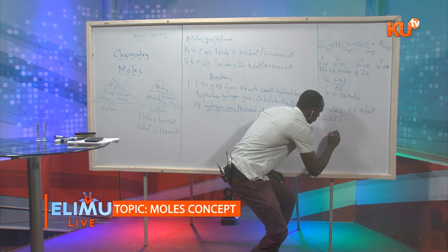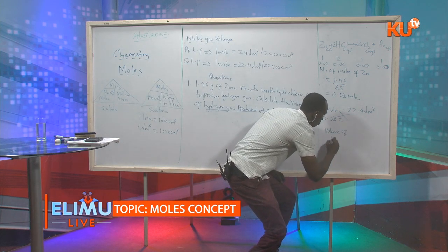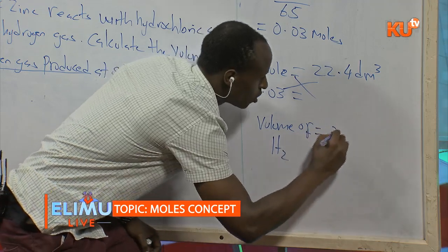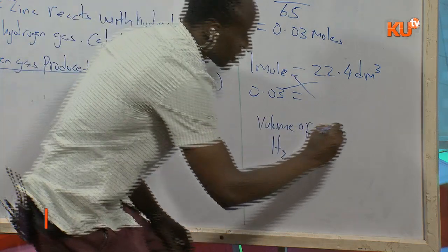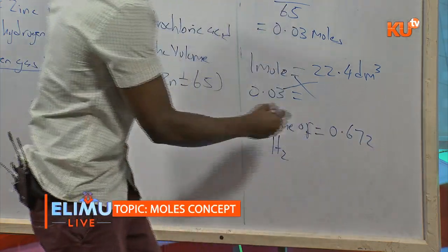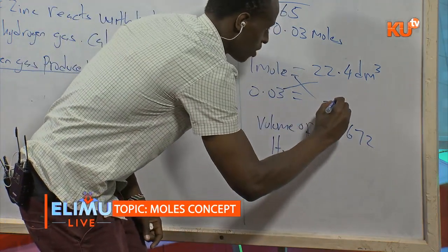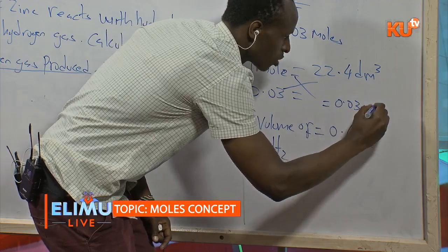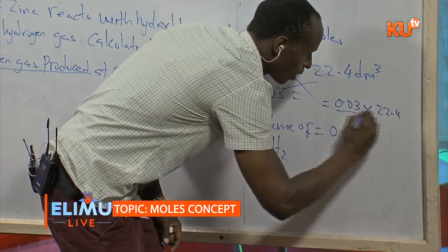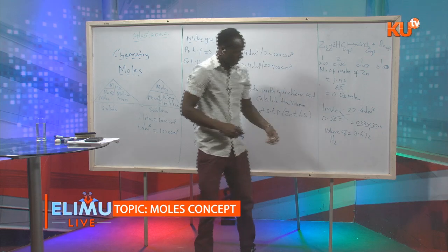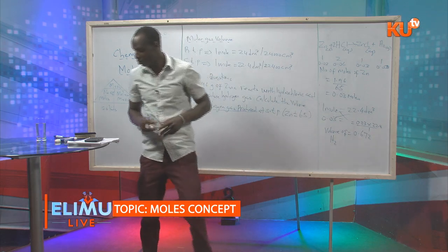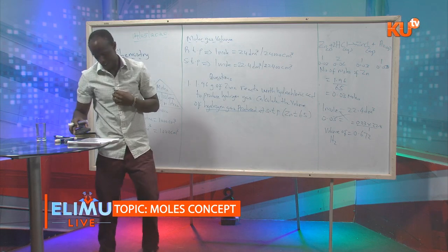So the volume of H2 equals 0.672. Where did it come from? It came from 0.03 times 22.4 over 1. We did cross multiplication to get it. I hope you have understood how to calculate the volume.